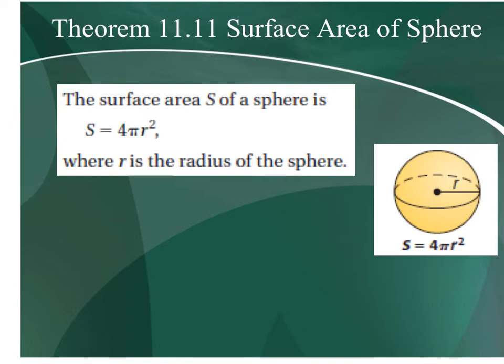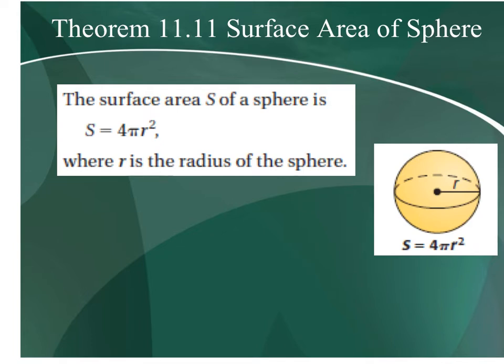So again, if you've got your formula sheet and you want to add it to it, we're going to have a quiz next week on lessons 4.8 and 4.9. So you're going to need to know the surface area and the volume of a sphere for next week. Pretty good on the surface area formula.